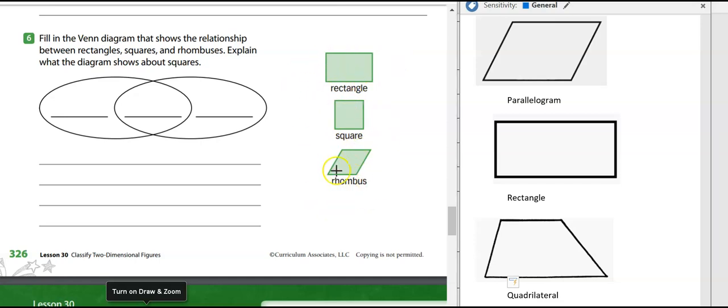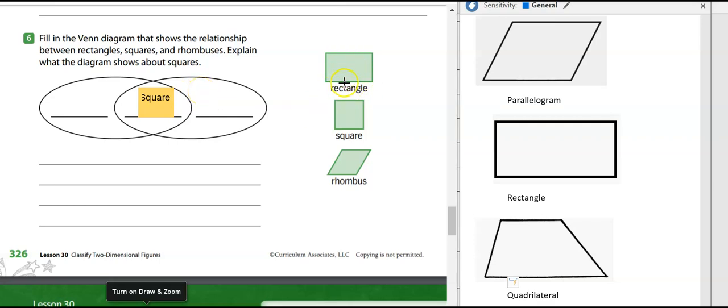So if I look at my pictures, all three of them pretty much have the same qualities as a square, because I have two pairs of parallel sides in my square and two pairs of parallel sides in my rhombus. So I'm going to put square in the middle because my rectangle and my rhombus both have qualities of my square.